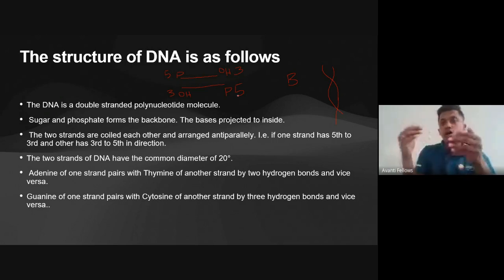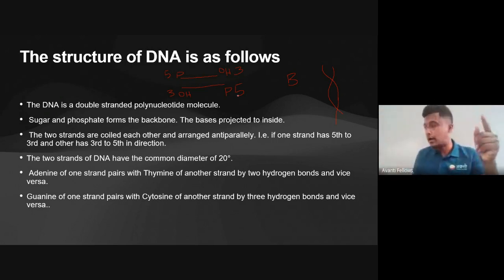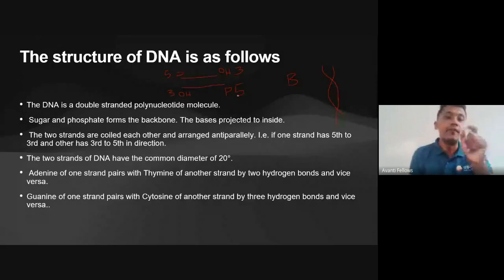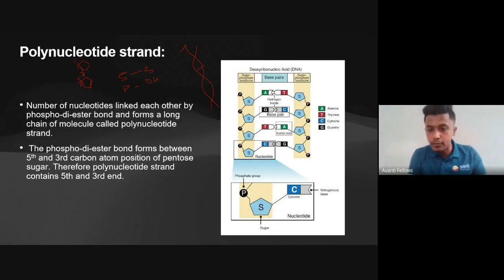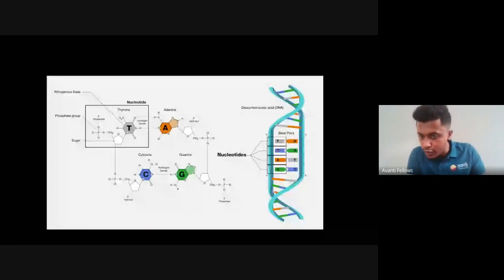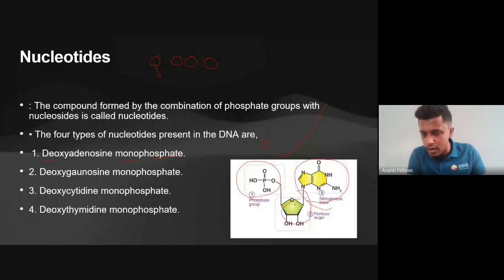Whereas at the other end of the same chain, you see a free OH group. Where did we get this OH group? If you observe the structure of the sugar, deoxyribose, this is carbon 1, this is carbon 2, this is carbon 3. You can see here is a free OH group. You can see here, right?